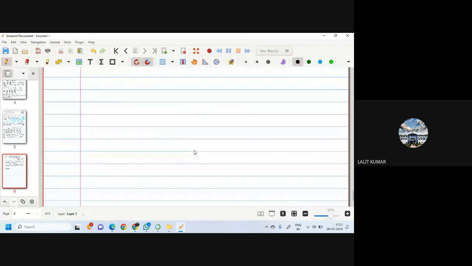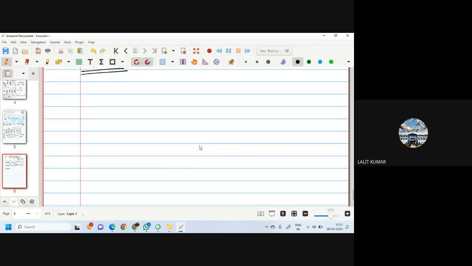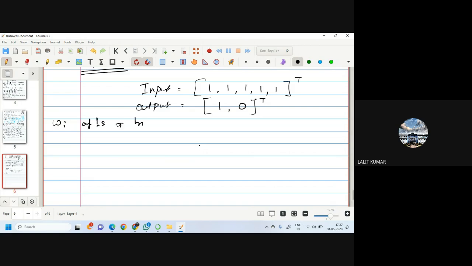Like in this case, we can solve one example, like that day we had done. For example, input is equal to all ones, and output is equal to 1 0 transpose, and all weights are ones and biases also ones.